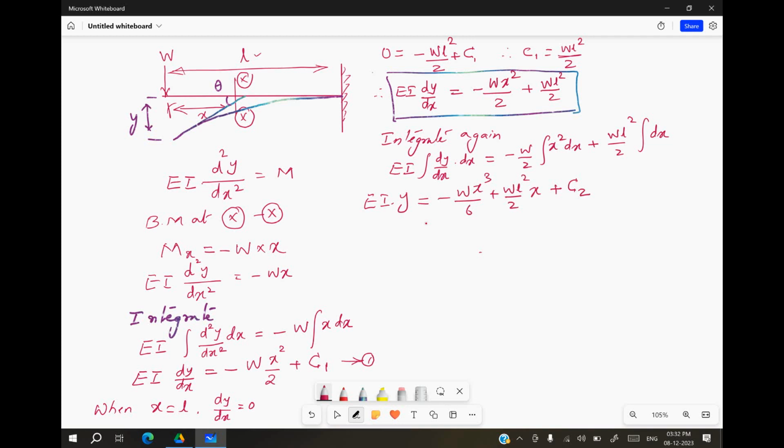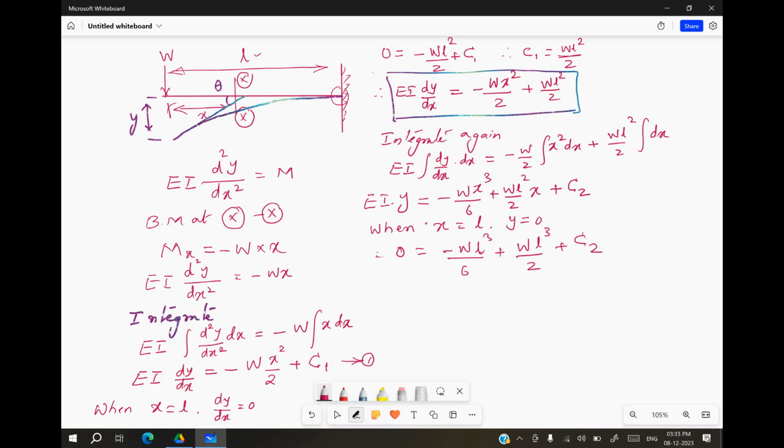Now I will apply the boundary conditions. When x is equal to L, y is equal to 0, because there is no deflection at the support. Therefore 0 equals minus WL³/6 plus WL³/2 plus C2.